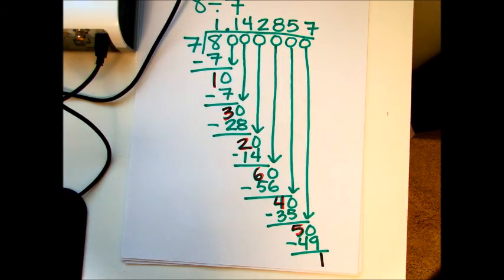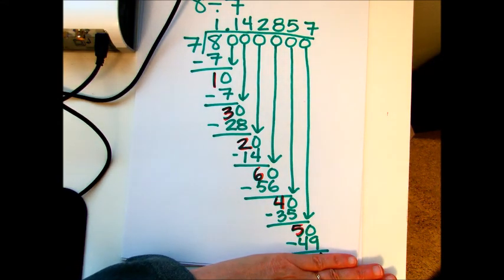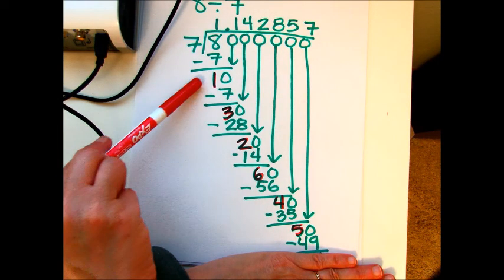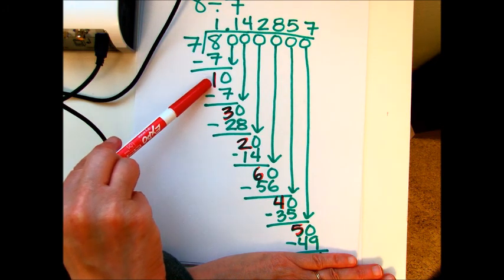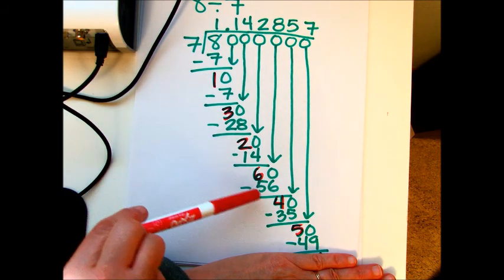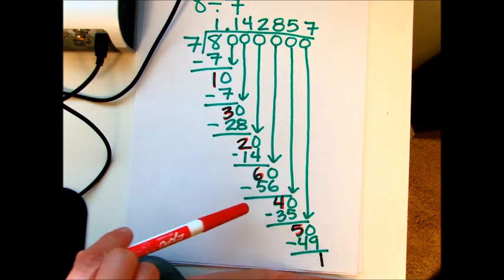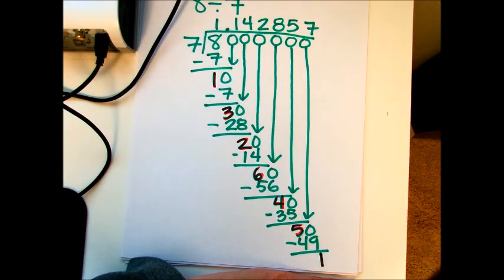Now, notice, up until the very end, the differences when I was subtracting were all different. This was a 1, a 3, a 2, a 6, a 4, a 5, and then the last one was a 1.